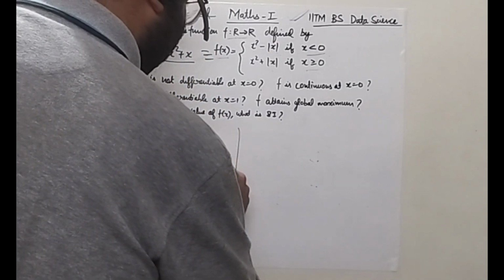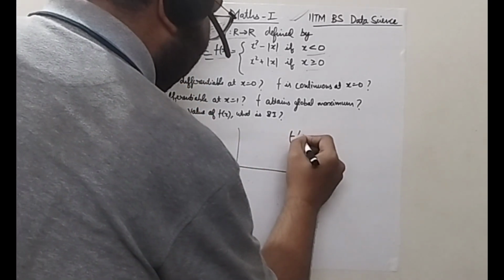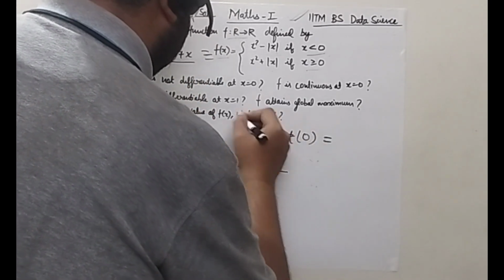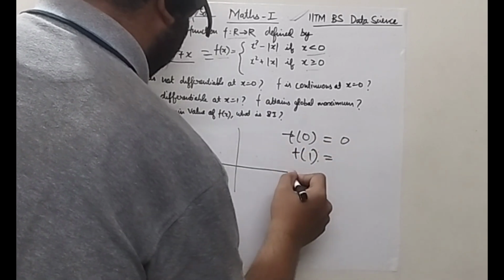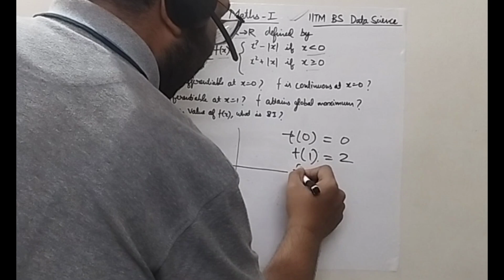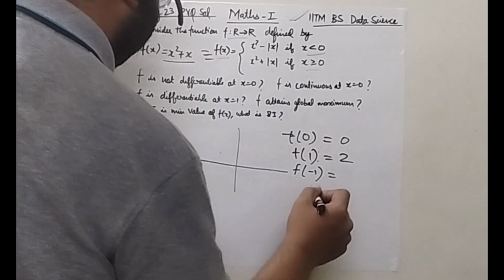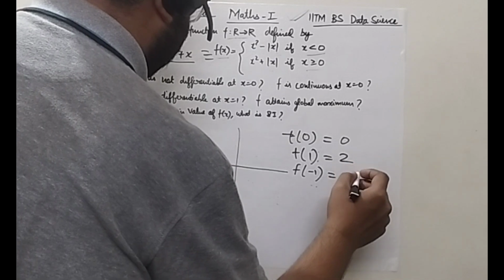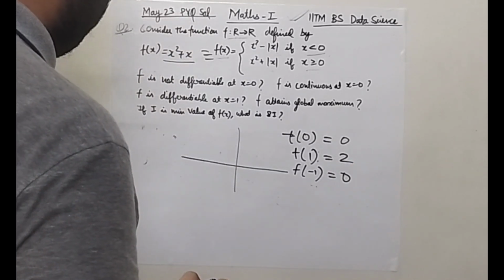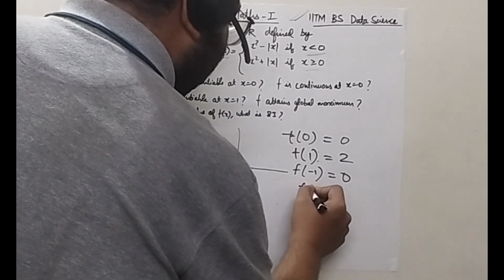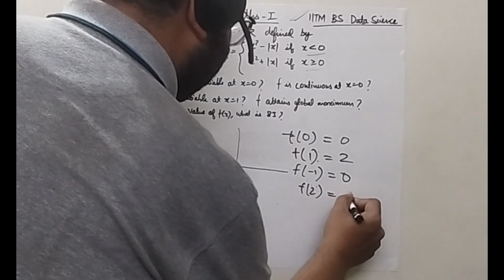If we try to visualize this function, at x equals 0, what will be the value? It is 0 only. At x equals 1, it will be 2. At x equals minus 1, it will be 0. At x equals 2, it is 6.